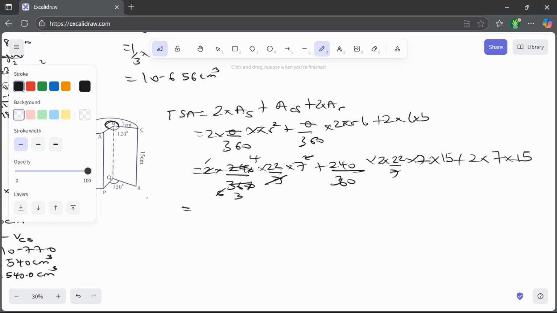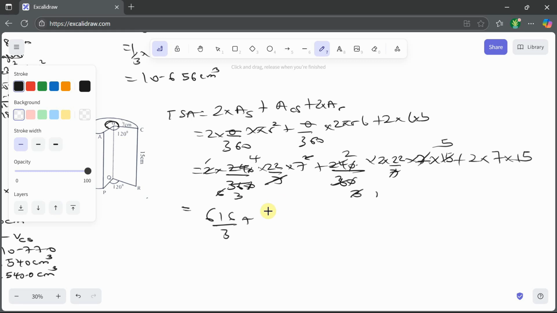So I have 4 times 22 times 7 divided by 3 from this first guy, and that is 616 over 3, plus this will cancel this, 12 here 2, 12 here 3, 3 here 1, 3 here 5, 7 will cancel 1 with 7, so that will be 2 times 2 times 22 times 5, and that will give you 440.